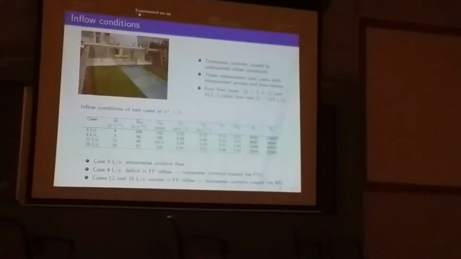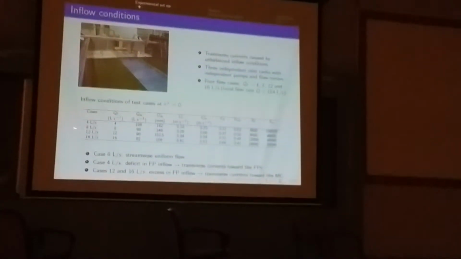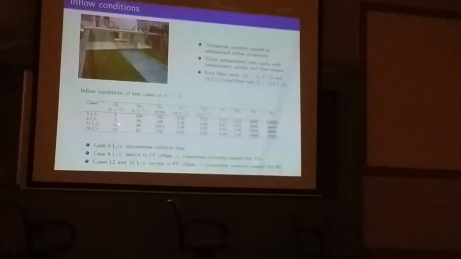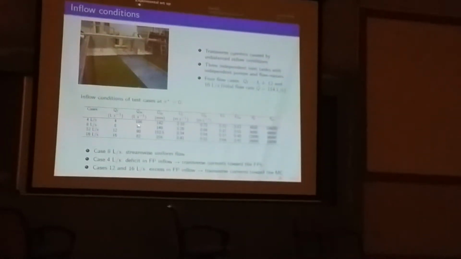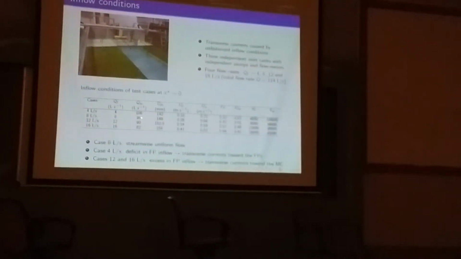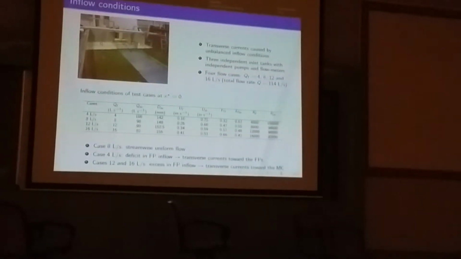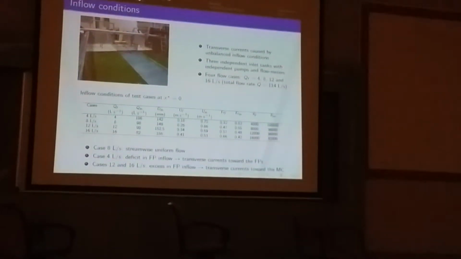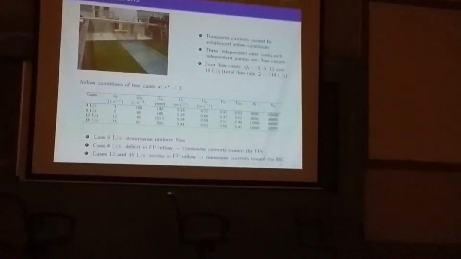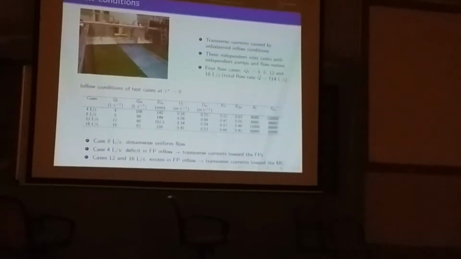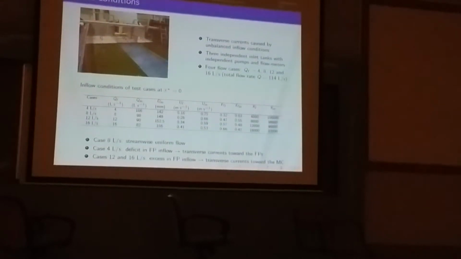So, the case 8 liters per second, with 8 liters in each floodplain and 98 in the main channel, is a uniform flow. There are no transverse currents between the main channel and the floodplain. This is our reference flow. Case 8 liters is the reference flow.